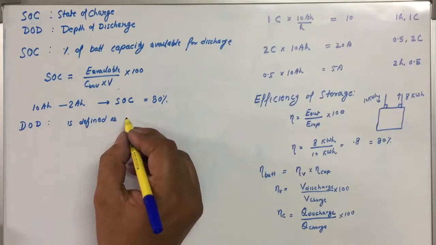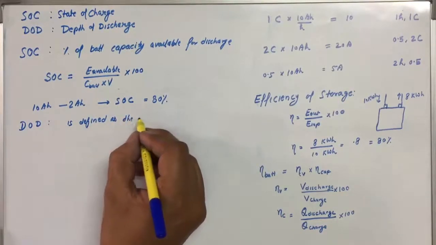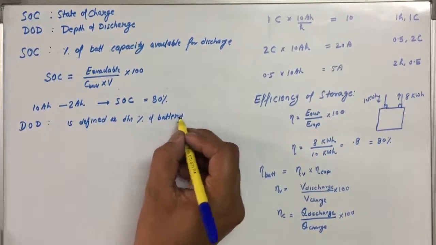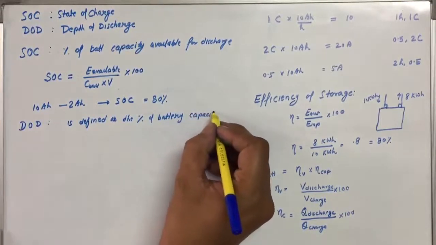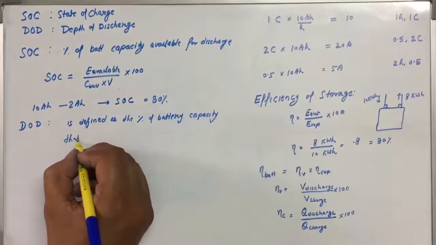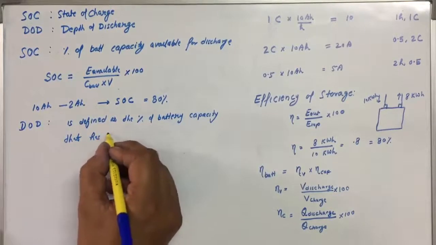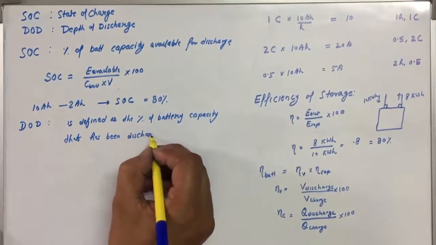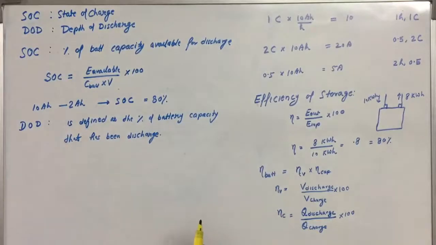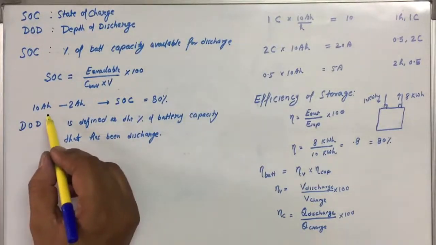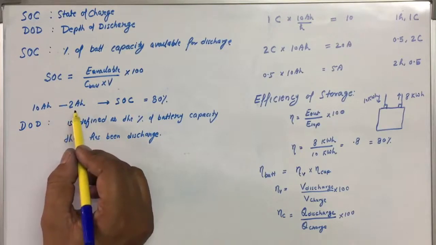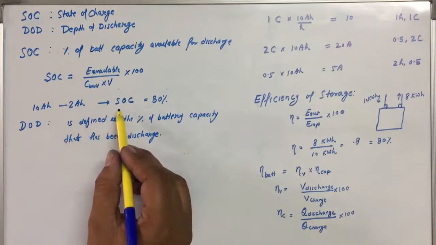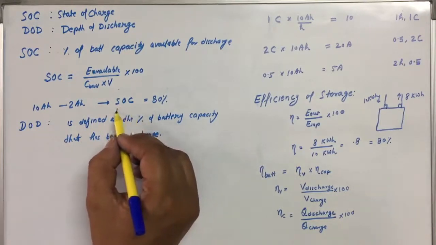So for example, a 10 ampere hour battery that has been drained by 2 ampere hour has a DOD of 20%.